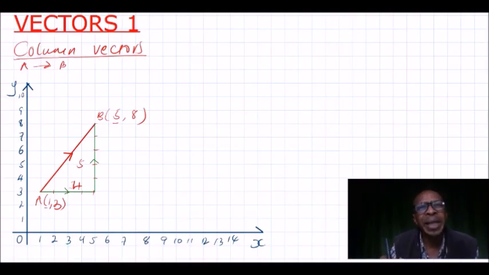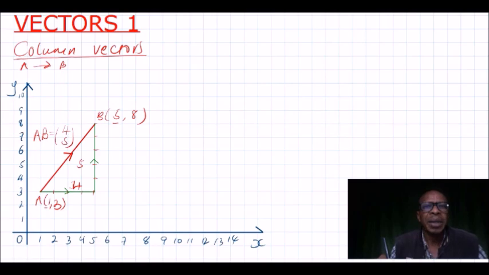When we write the column vector of AB, it is like saying to move from A to B, you move 4 units along the x-axis and 5 units along the y-axis. So that is how we represent a vector in column form.